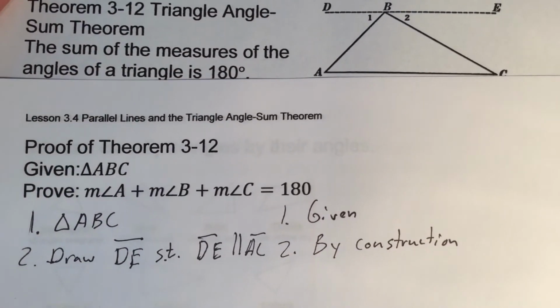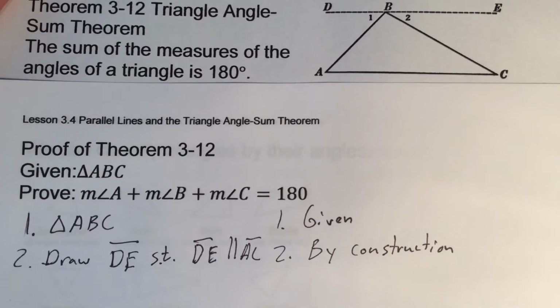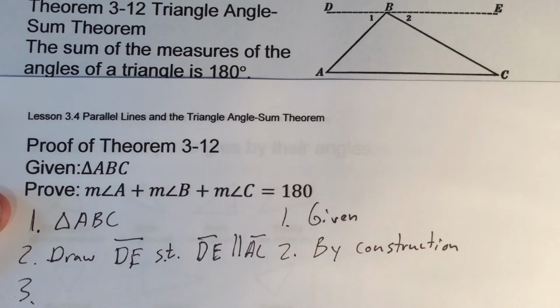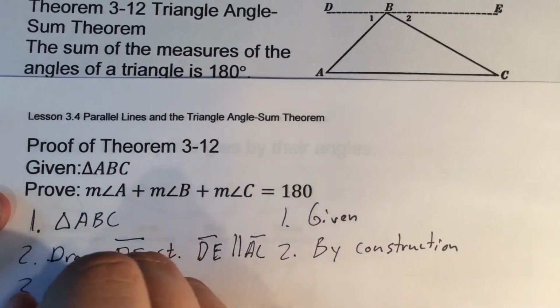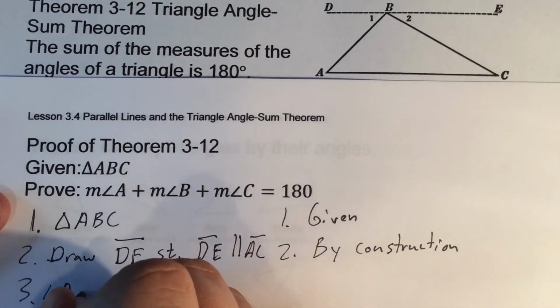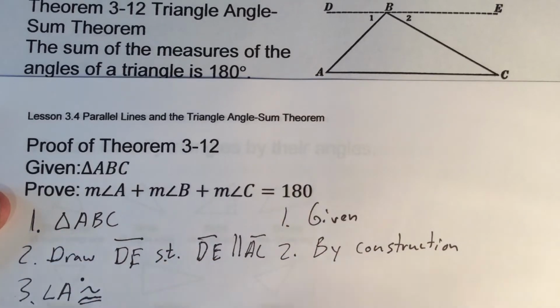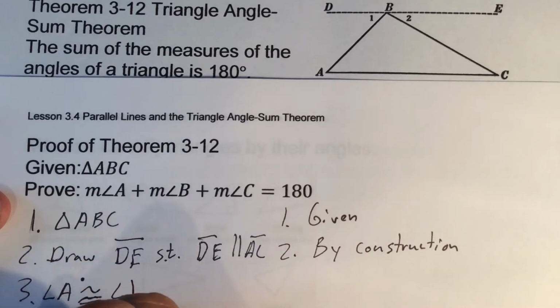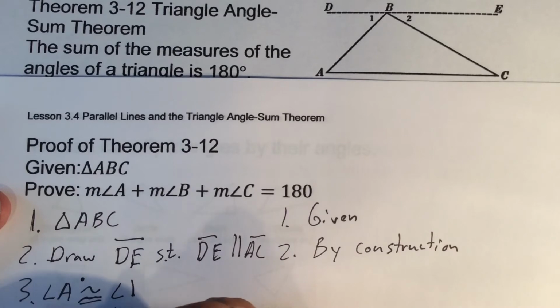Try to go up just a little bit more so you can see this. So 3 then, we're going to say that angle A is going to be congruent to angle 1, and that angle C is going to be congruent to angle 2.